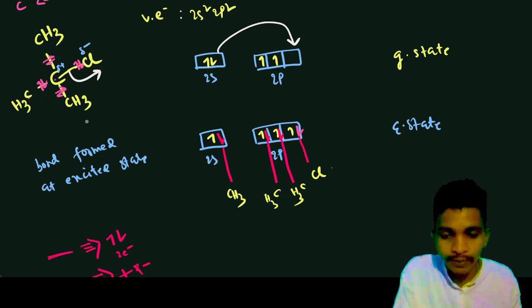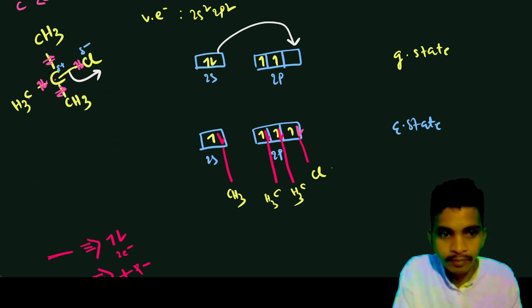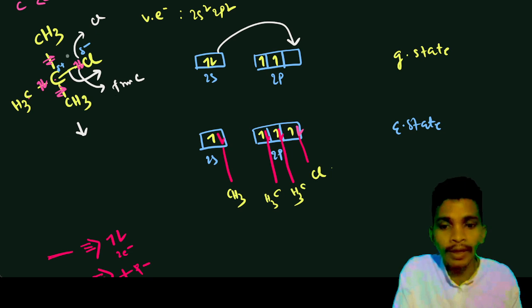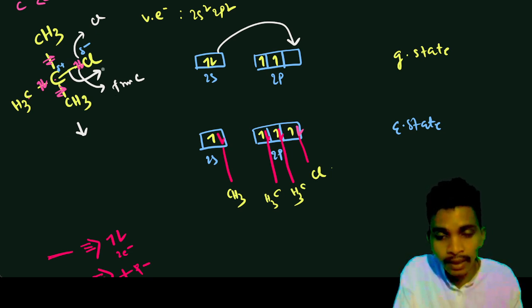So after it leaves, what will happen? The chlorine atom takes the electrons. One electron is from the chlorine and one electron is from the carbon, and the chlorine takes the two electrons. It means it takes the electrons from the carbon and leaves.